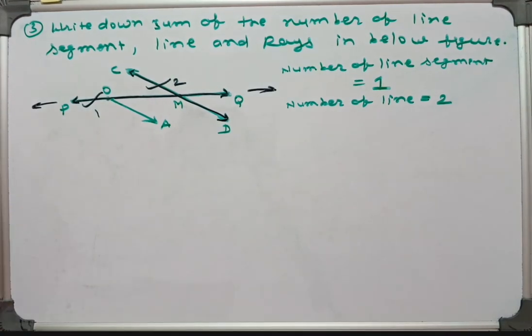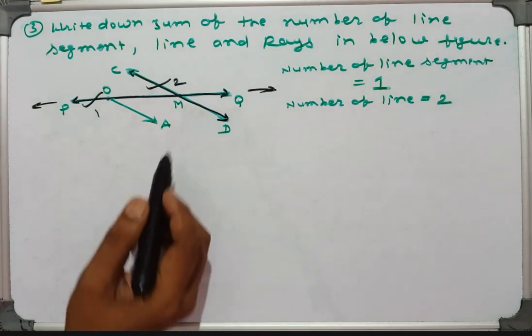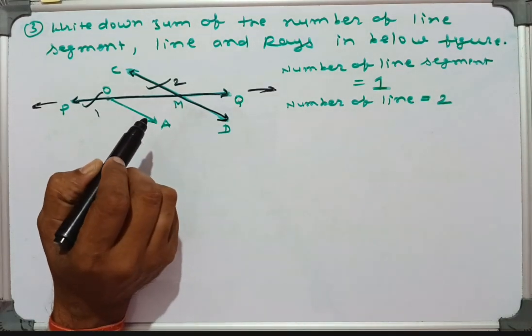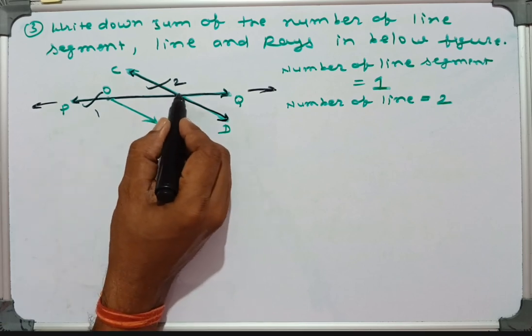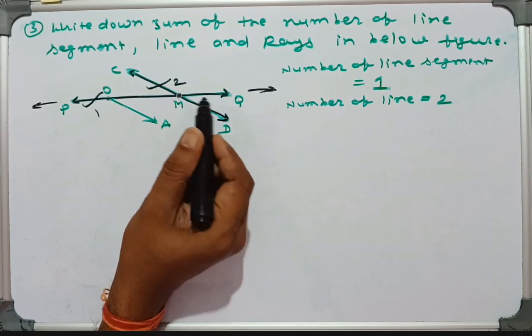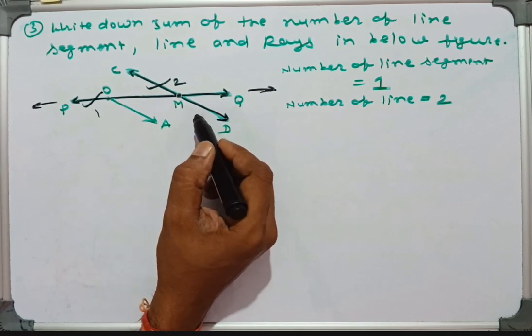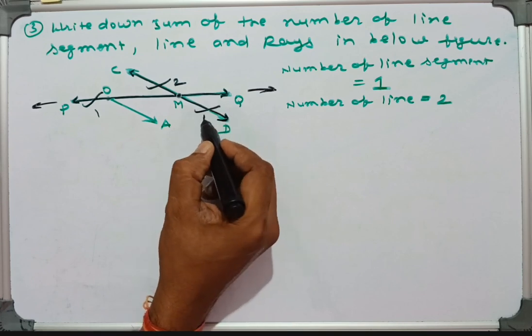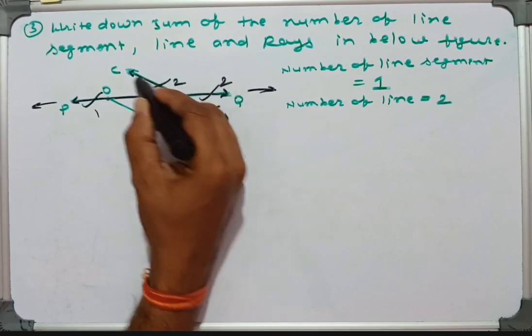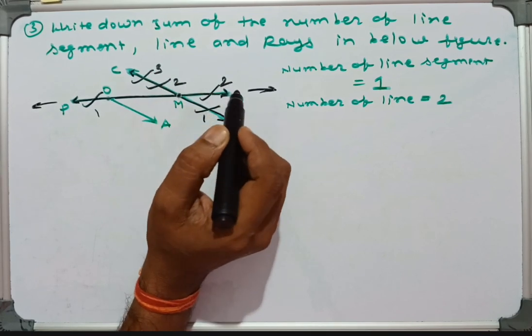Now next you have to calculate the number of rays in this figure. So we count one by one here. See, as per definition of rays, you know 1 point must be fixed. So see, this point M is fixed here, then 3 rays are here. Now count one by one. See, this is 1, this one is 2, this one is 3.